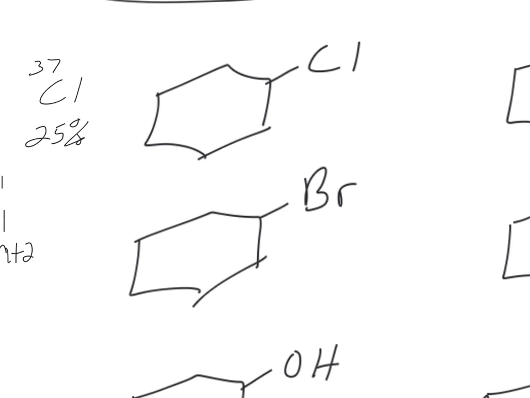Because chlorine's more electronegative, you'd expect the H here to be more shielded or deshielded? Deshielded, because it's pulling away electron density. So it's taking away the shields. The electrons are the shields. So this would be more deshielded, and this would be more shielded. This would have a higher frequency, not a higher peak, a higher frequency. The peaks would be the same height because they both represent 1H. But the frequency, the ppm, would be different.